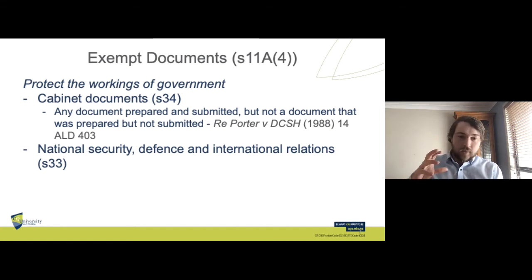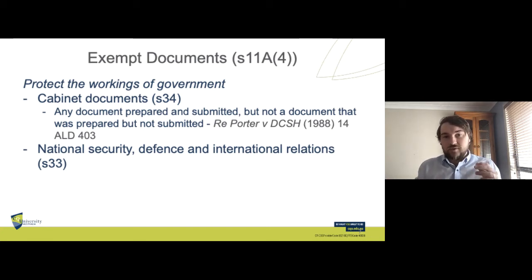So while the underlying reason for exempting cabinet documents from a freedom of information request is quite solid, there is scope and problems with its misuse.